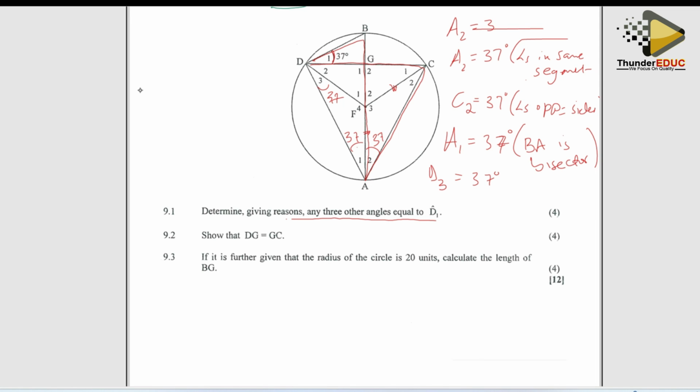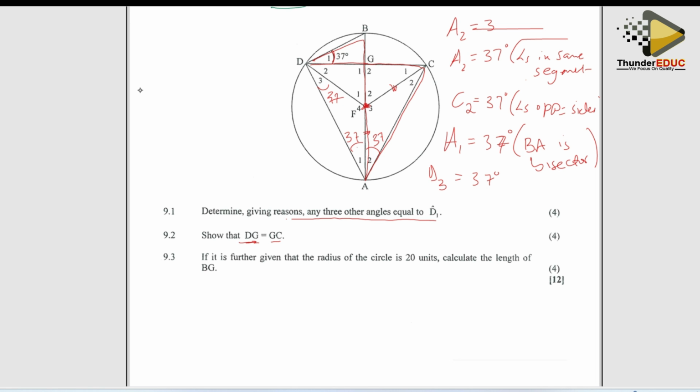And then they want us to show that DG is the same as GC. In other words, they are asking you to directly prove that theorem of a line from the center. Okay, so for us to do that, we just need to make sure that either G1 or G2 is 90. That is the only thing.